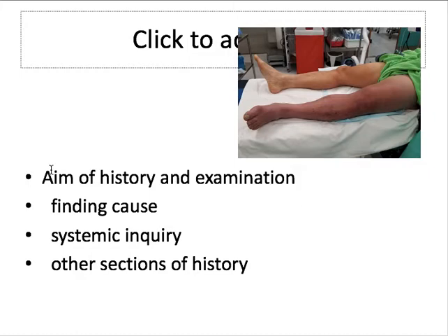Now, the rest of the history and examination: the main thing is that we have to find the cause, and after finding the cause, we have to get to a specific inquiry just to see whether this problem has affected other systems, or the pathology causing it may have other problems in the other systems, and also to assess the person in general. Say if it's an embolism, the systemic inquiry will tell us the possible site from where the embolism came.